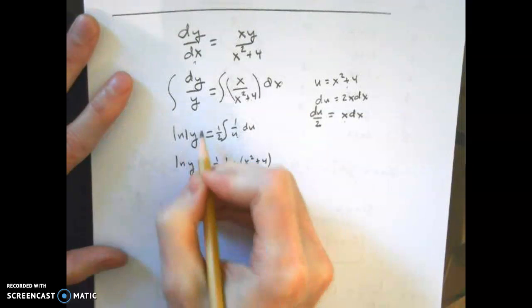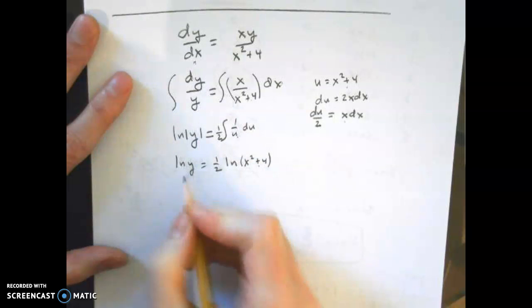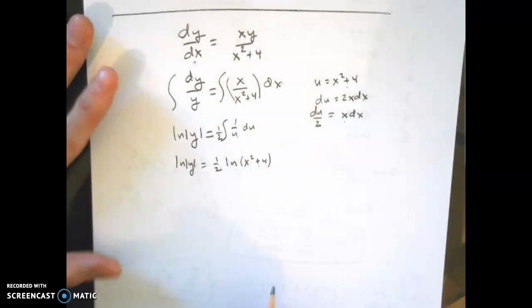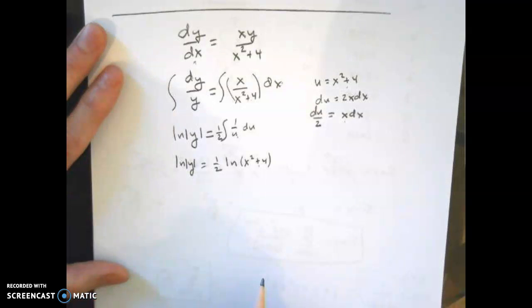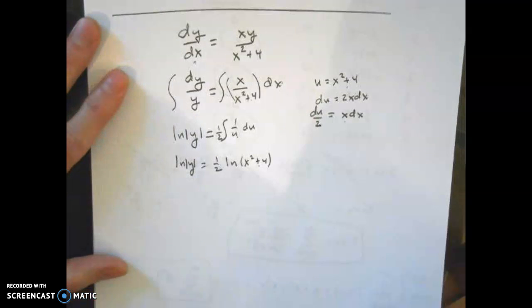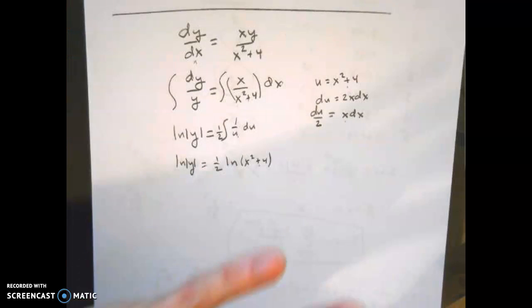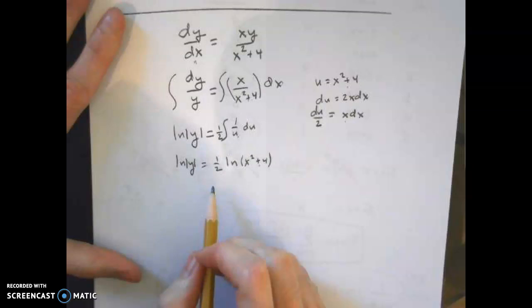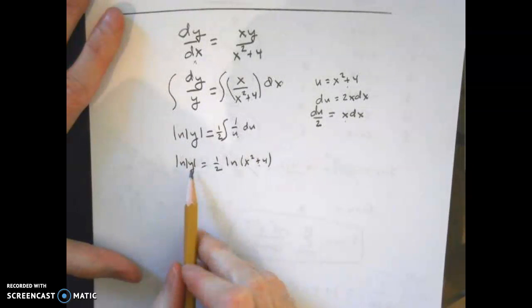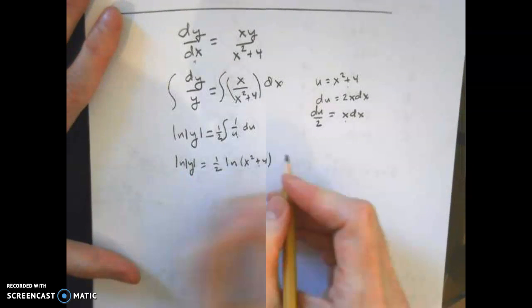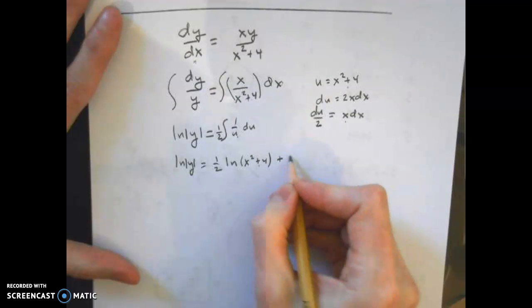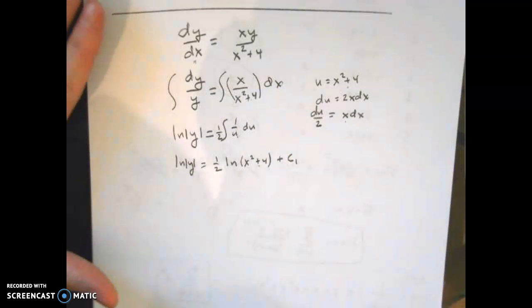Really, this should be an absolute value here, but we don't need one because we know that's positive. And don't forget the plus c. We would have a plus c over here and a plus c over here, but I can combine them onto one side as plus c1.